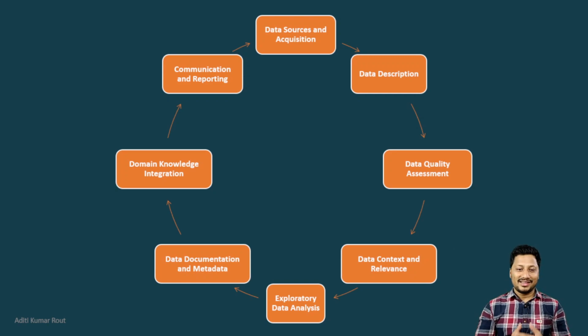The next building block is data documentation and metadata. Here there are two concepts, data documentation and metadata. Data documentation means whatever data we are collecting from the source, is there any documentation present related to the data source? We need to understand that so that we can get a better idea or understanding about the data we collected.